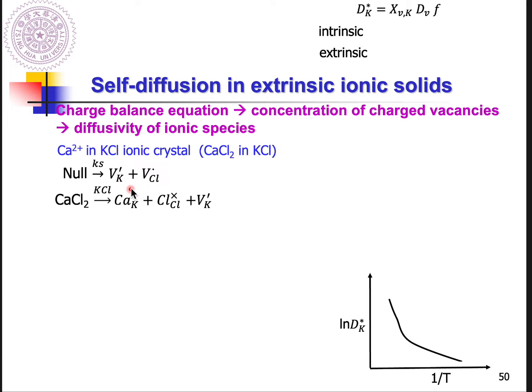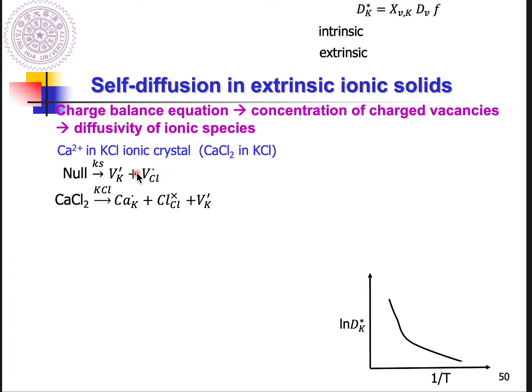So you have 2 minus 1, you become 1 positive charge here, and the chloride will be at the chloride side. So you have 2 chloride, so you will get 2 chloride at the chloride side.